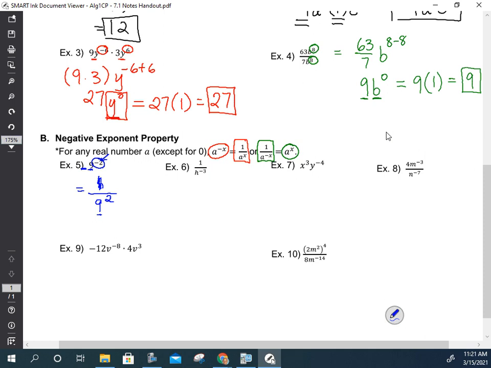Then you can solve it out. 9 to the second power is 81. So it's a rewrite problem. You write it first, and then solve it. Any questions?